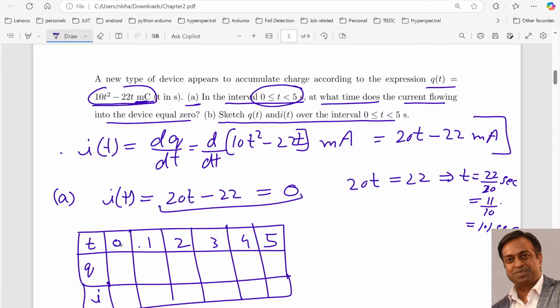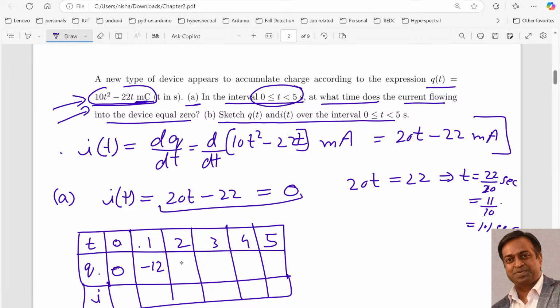At t equals 0, if I substitute t equals 0 over here, our q will be 0, right? If I substitute 1 over here, then it is 10 into 1 squared, which is 10, minus 22, so it is minus 12.